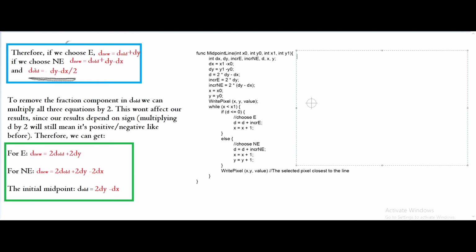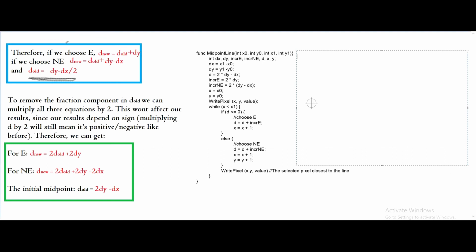We just need to see whether it's negative or positive. So multiplying them by 2 will have no effect at all. By multiplying them by 2, we get these three new equations, two for d new and one for d old, and as you can see, we've removed our fraction portion here.